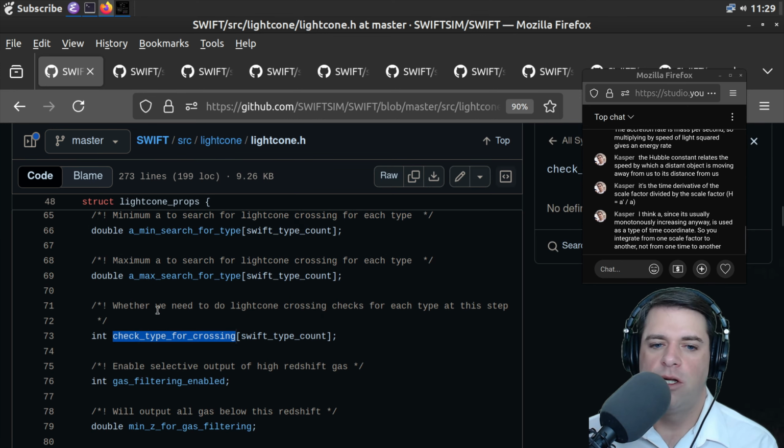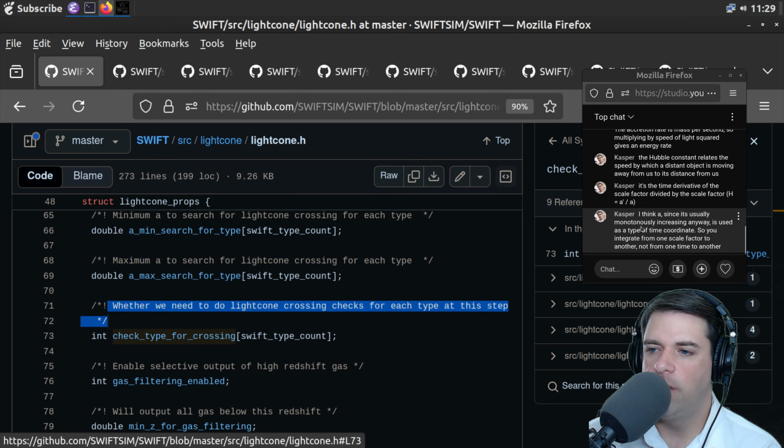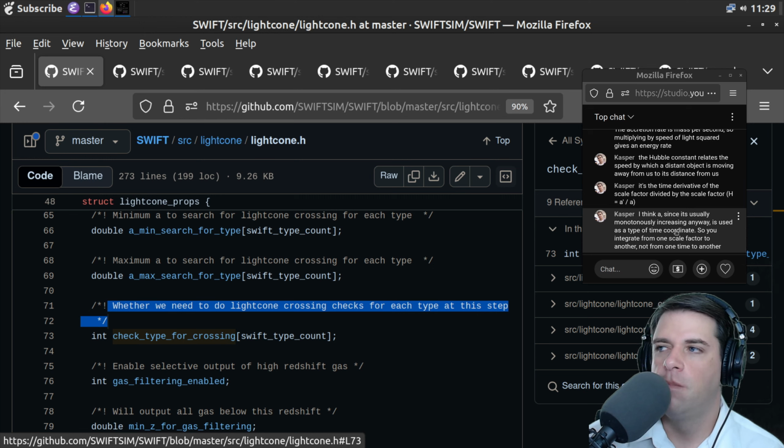We can check type for crossing, whether we need to do light cone crossing checks for each type at this step. I think A, since it's usually monotonically increasing anyway, is used as a type of time coordinate. Okay, so we're going to think of A as monotonically increasing.